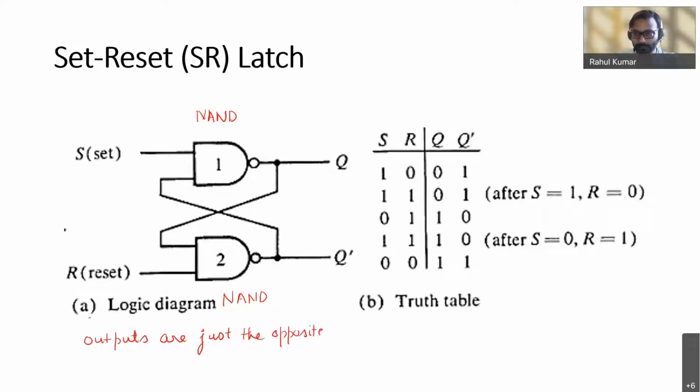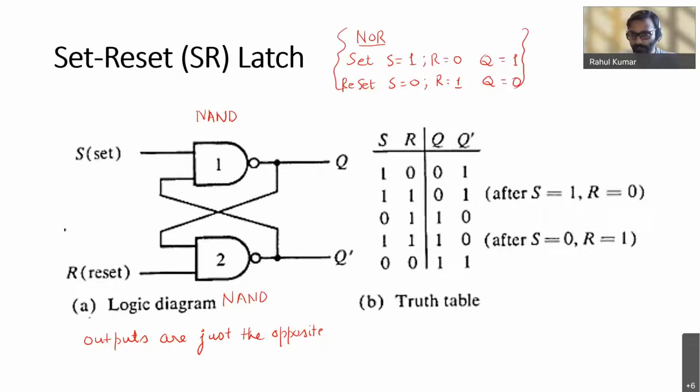So in the case of NOR gate, when we were using the previous circuit, if you want to set your latch, S input should be 1 and R should be 0, then your output Q will be 1. If you want to reset, your S input should be 0 and R input should be 1 and your output Q will be 0. So this was about NOR gate.